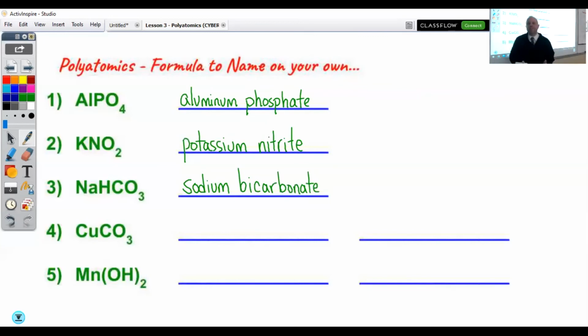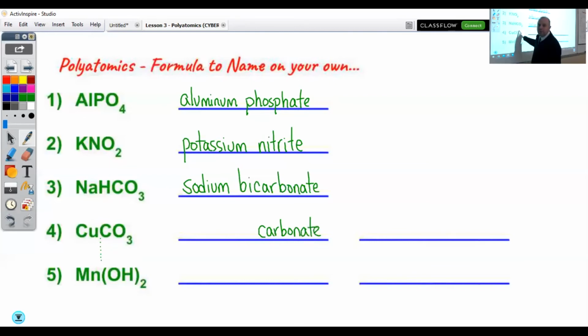Problems 4 and 5 have divalents. Divalents are more complex because now we have to identify what the charge is going to be. So let's start off by looking at the right side. CO3 is known as carbonate. So we can go ahead and write that part down.